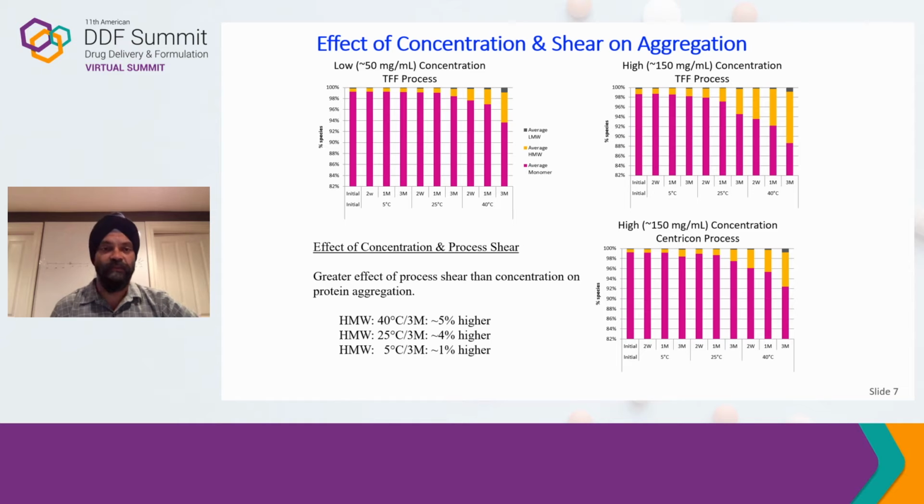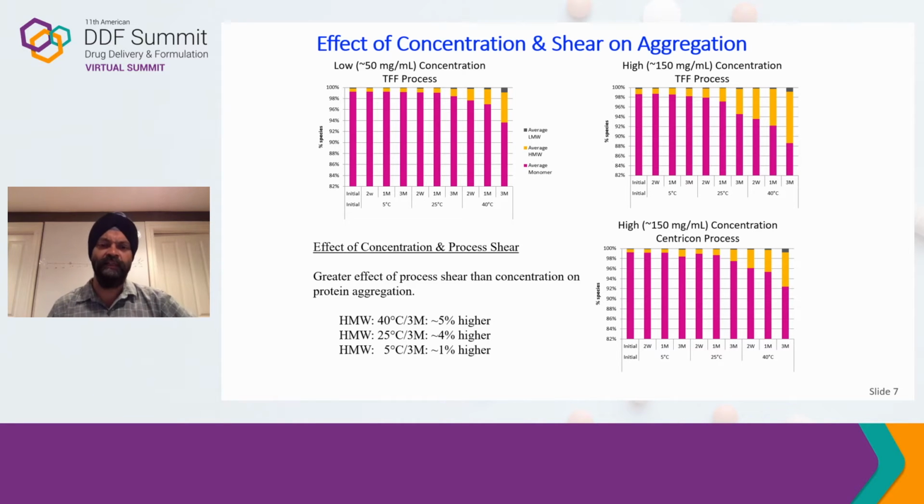To show you some of the data that we had seen, the top two plots are the TFF process, tangential flow filtration process, for this protein, 50 milligrams per ml concentration on the left, 150 milligrams per ml on the right. And you can see those yellow bars increasing. The yellow bars are indicative of high molecular weight species.